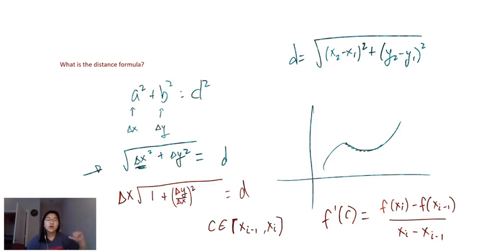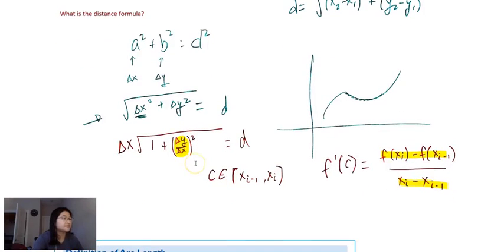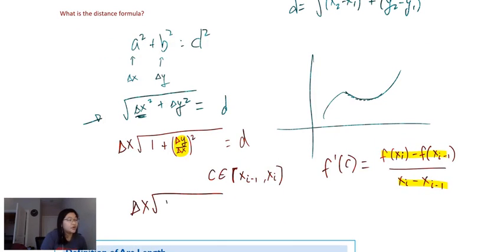From there we can rewrite what's highlighted in yellow, this delta y over delta x, which is exactly the same as this. So what we get is delta x times the root of 1 plus f prime of some c value squared, and this equals our distance.